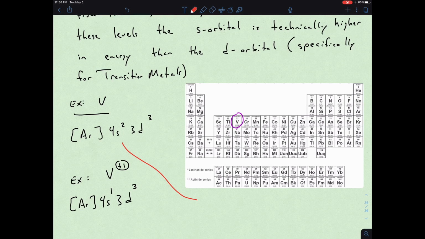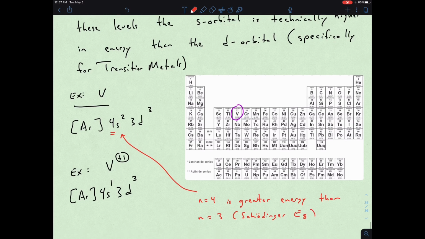So when we look at these orbitals, n is equal to 4 is greater energy than n is equal to 3. And that's going back to that Schrodinger equation that we actually have talked about in the past.